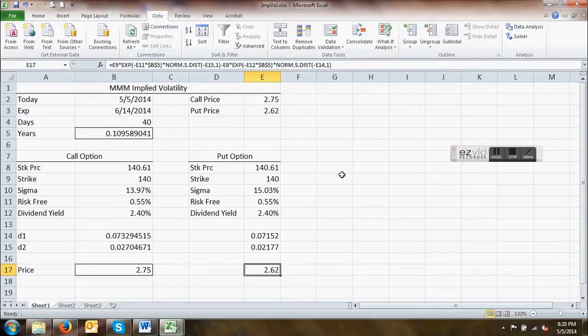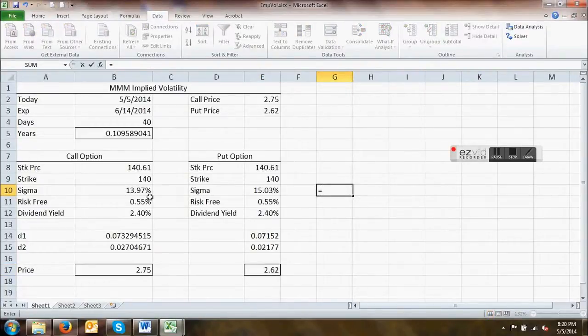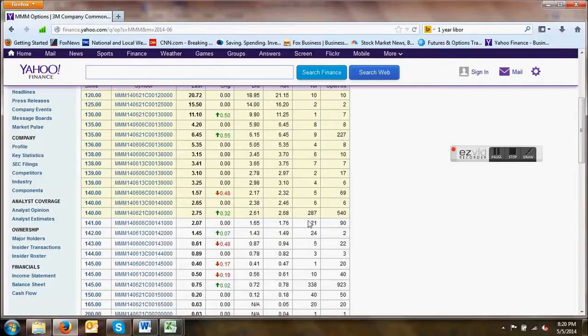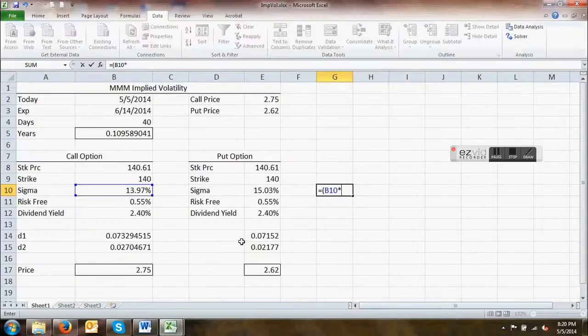Go ahead and OK this. So the implied volatility is going to equal the volatility that's coming from, we'll make this a quantity, implied volatility from our goal seek, multiplied by the number of call options that were traded today, which was 287. Times 287. We're going to add that to our implied volatility from the put, multiplied by the number of put options.